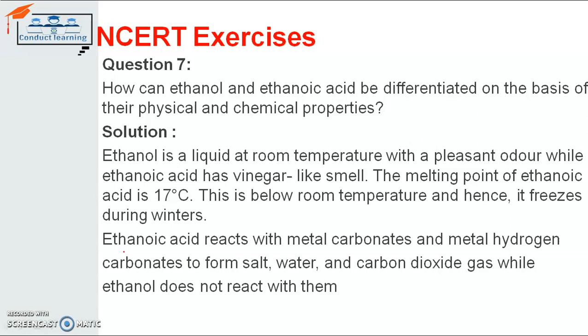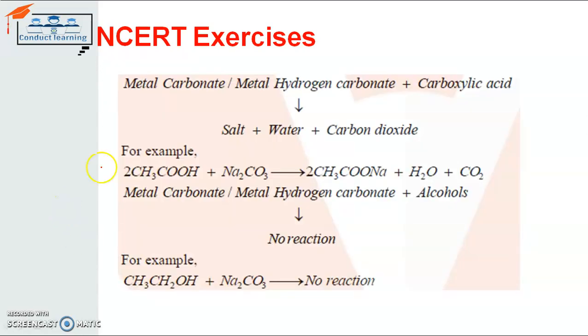Ethanoic acid reacts with metal carbonates and metal hydrogen carbonates, but ethanol does not react with them. The same thing is given there. When metal carbonates and metal hydrogen carbonates are there, ethanoic acid, being from the carboxylic group, will give salt, water and carbon dioxide. Otherwise, if alcohol is there, no reaction takes place with the metal carbonate and metal hydrogen carbonate.